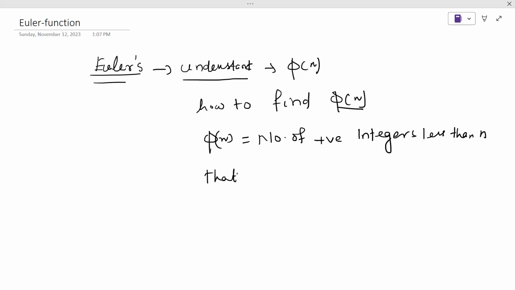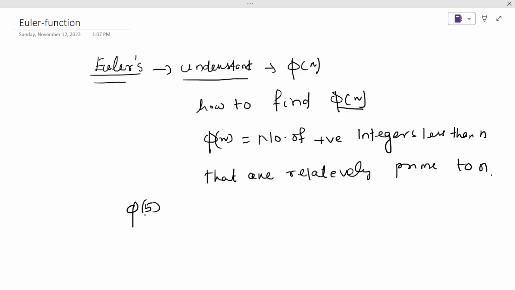That is what phi n represents: the total number of positive integers less than n that are relatively prime to n.